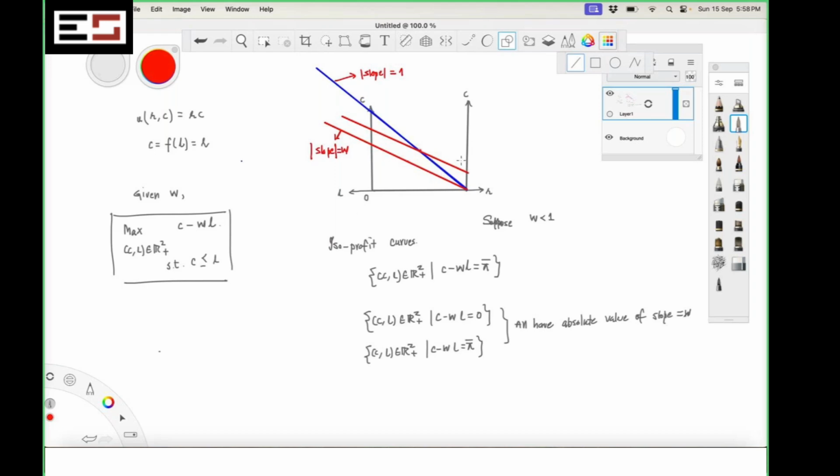Because if you see over here, what is this intercept? At the intercept, L is 0, right? So notice that when L is 0, C is pi bar. And since it's a positive intercept, your pi bar is positive.